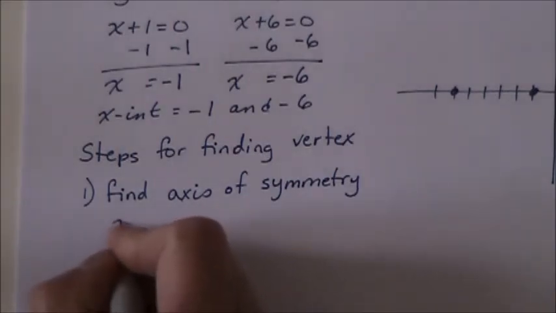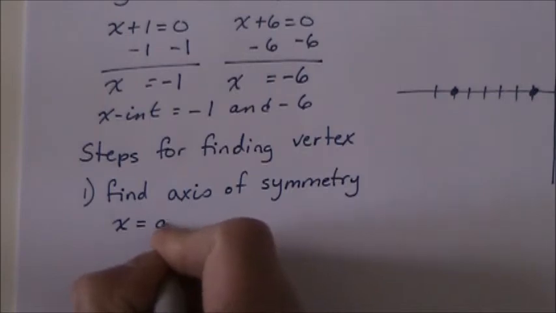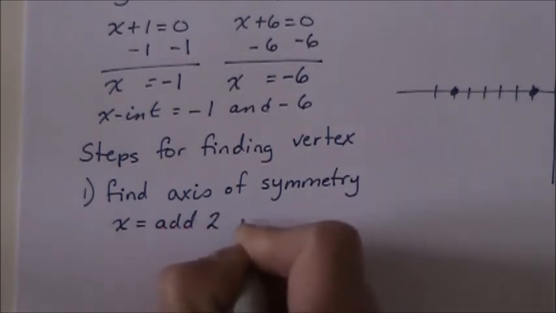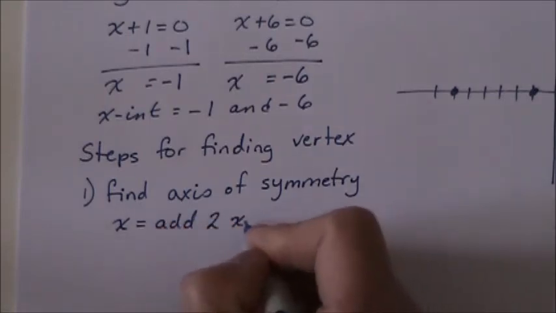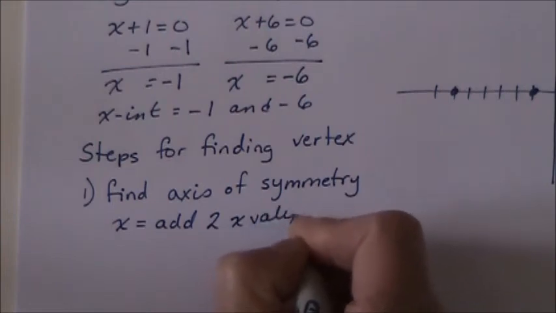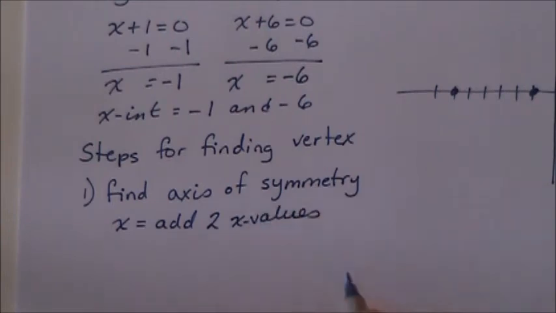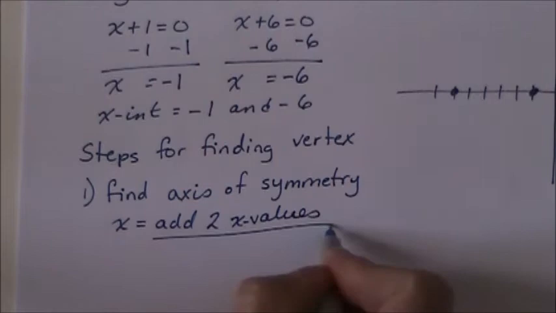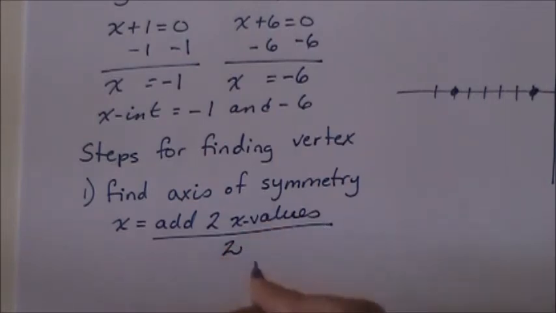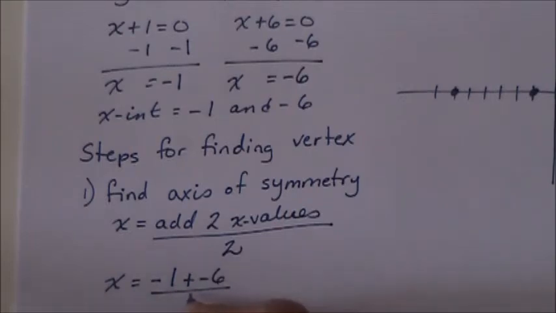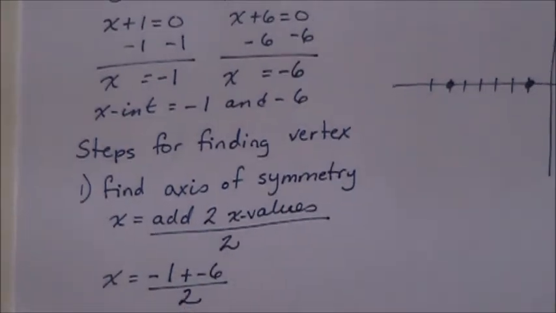So we have x is equal to, we're going to add the two x values together, and then we're going to divide by 2. So looking at the one we have right now, we have negative 1 plus negative 6 divided by 2.